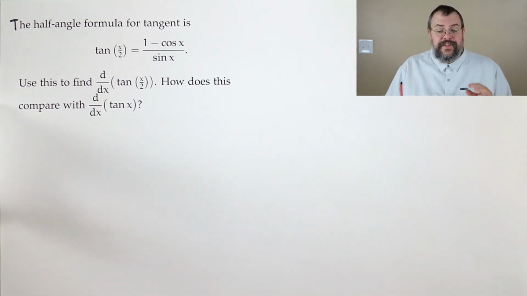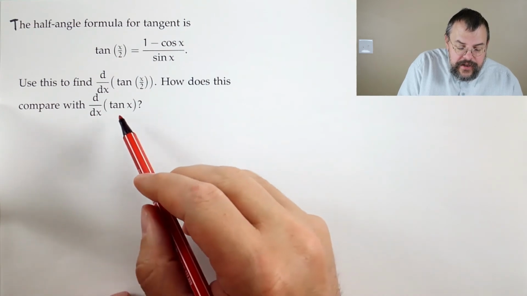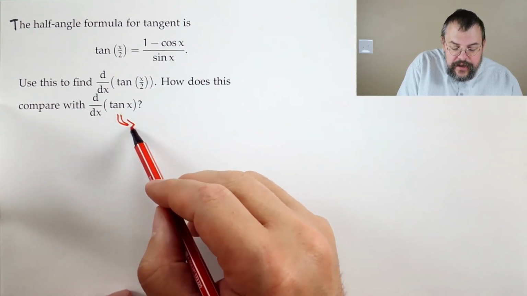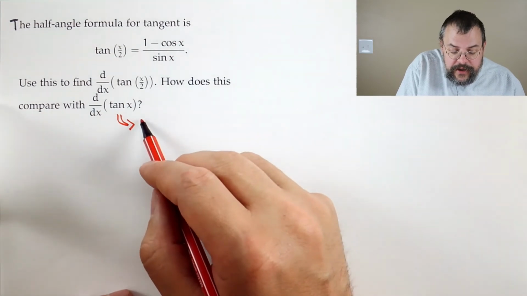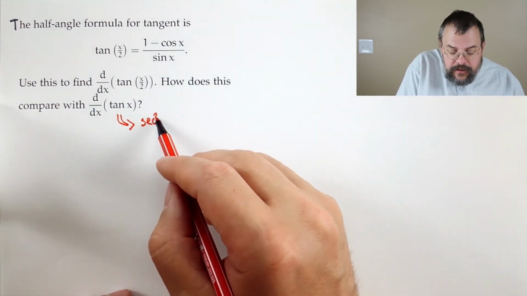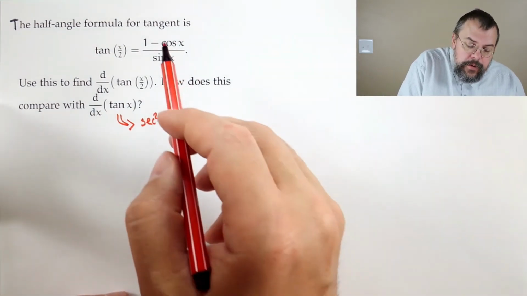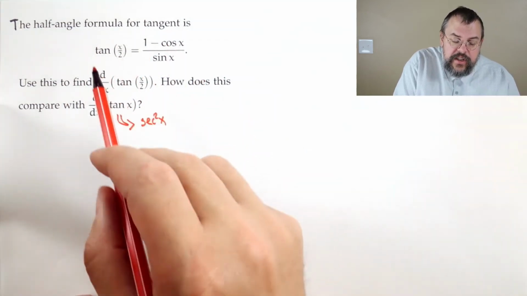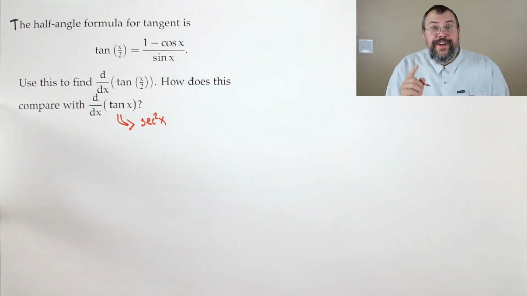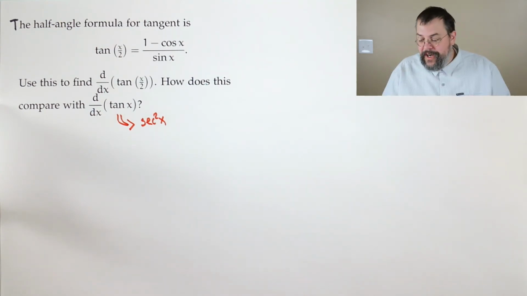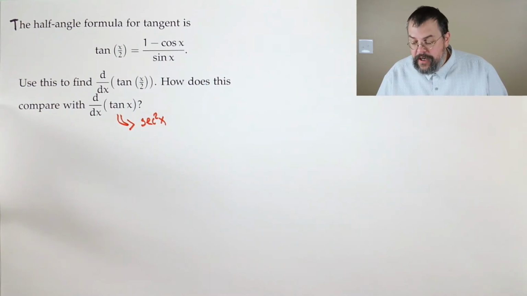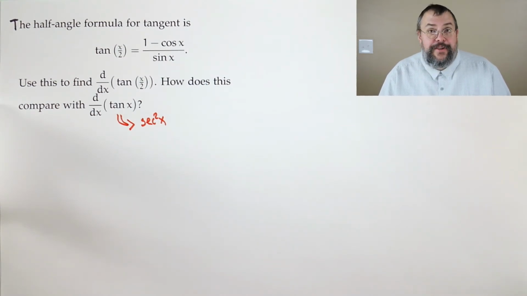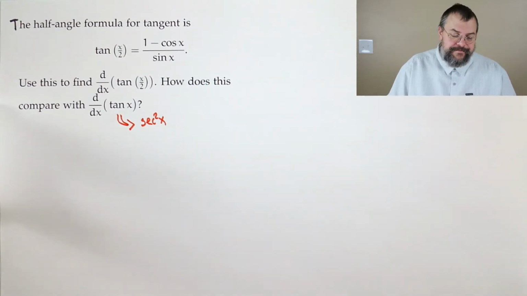Let's make a comparison. As a result, let's recall the result that the derivative of tangent of x is secant squared of x. So we are suspicious that when we work that expression, we should get a secant squared out. Fingers crossed, if we get secant squared, something beautiful in math has happened. And if we don't, well, math is more mysterious.